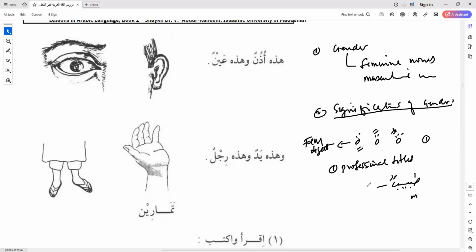And then you want to get a female, you add a taw marbuta, then you get tabibatun. That's professional titles. And then we also looked at adjectives, right? If somebody is jalisun, that's a male. The female is going to be jalisatun. So we looked at professional titles and adjectives.